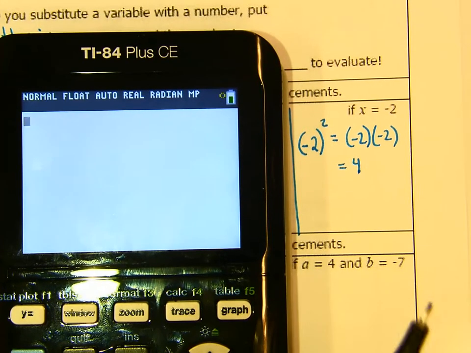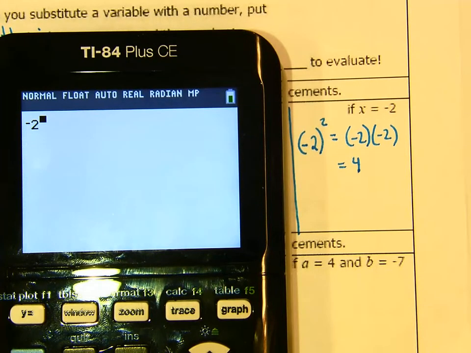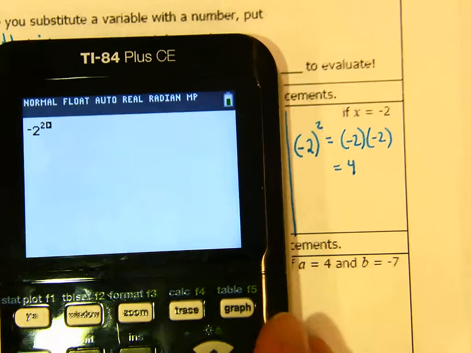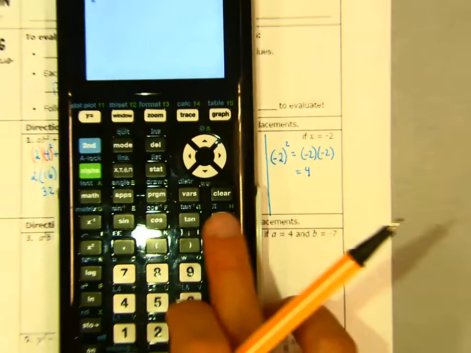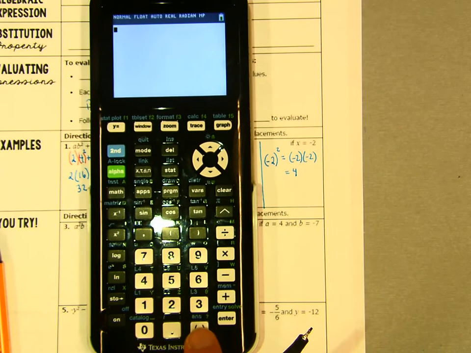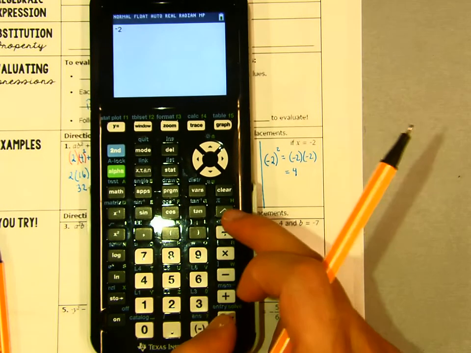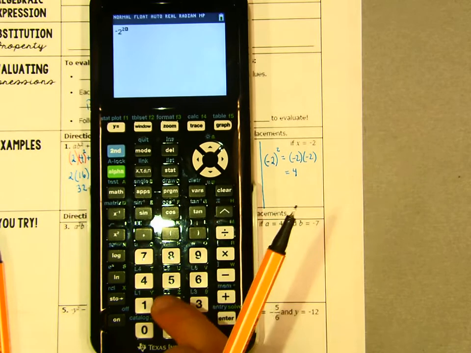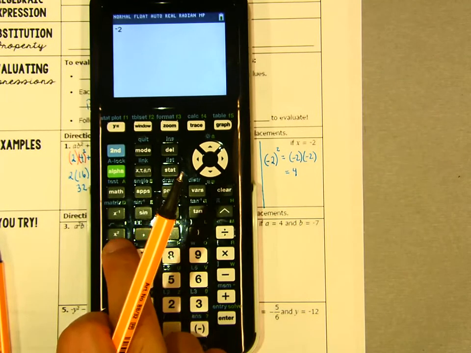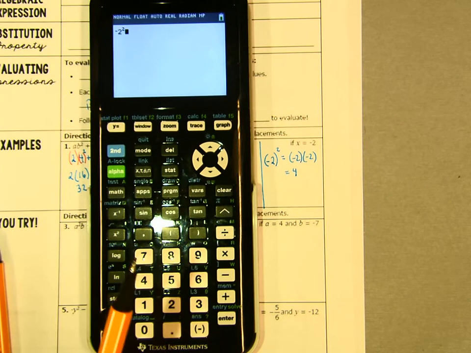If you want to see how I did that, I hit this -2, I hit the caret squared, or I could even hit this x squared over here, and it squares it.